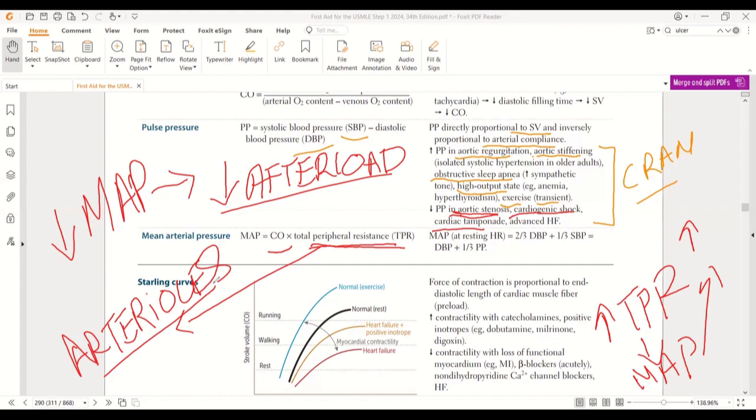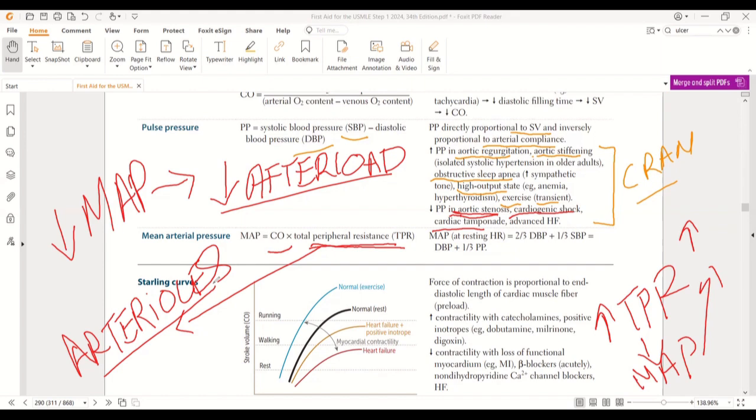It will increase. Exactly. So they give you drugs that lead to increased TPR, and they ask about the afterload. We will discuss these questions in detail as well. So TPR depends on arteriolar constriction. If arteriolar constriction takes place, it leads to increased TPR, right?